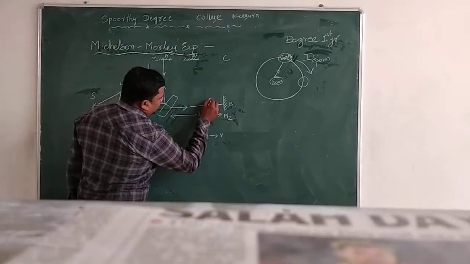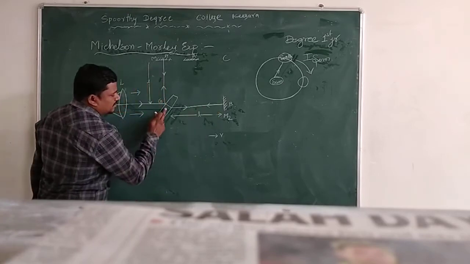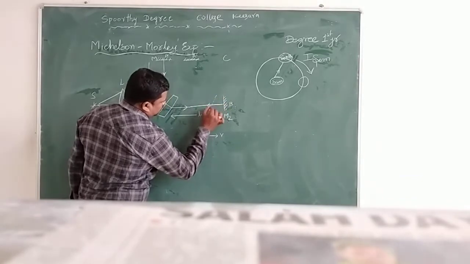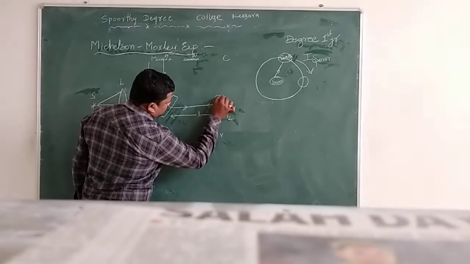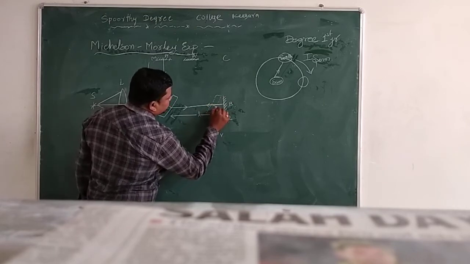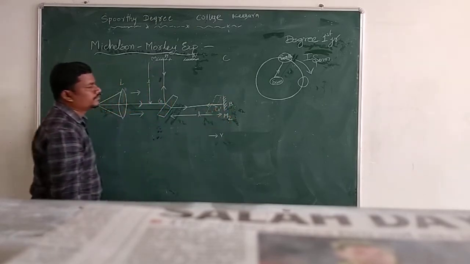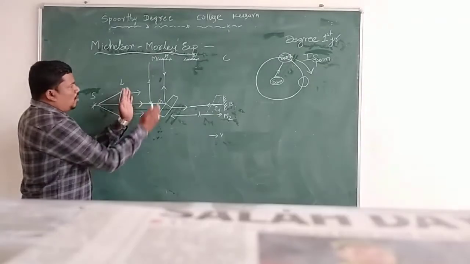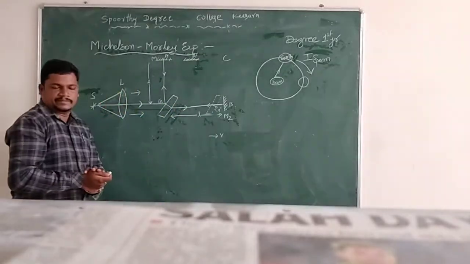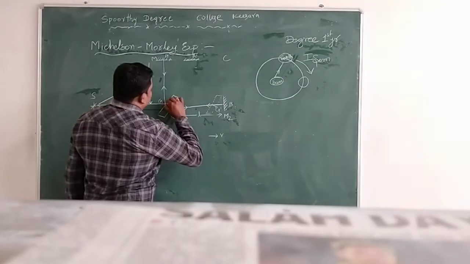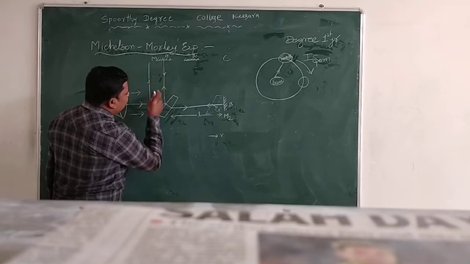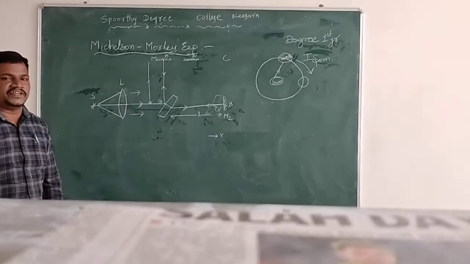This D is the semi-silver glass plate, again G dash. When the apparatus is moving with velocity v, the ray is incident and reflected in the same line. That is the interference.